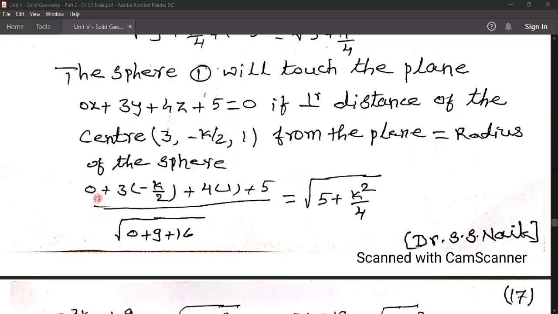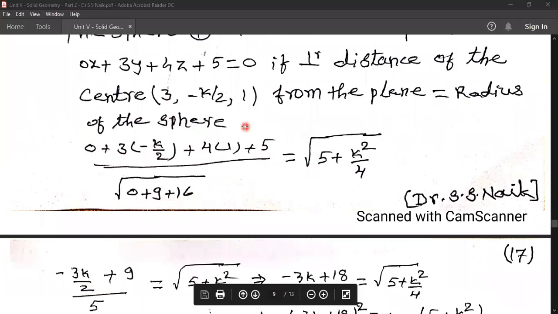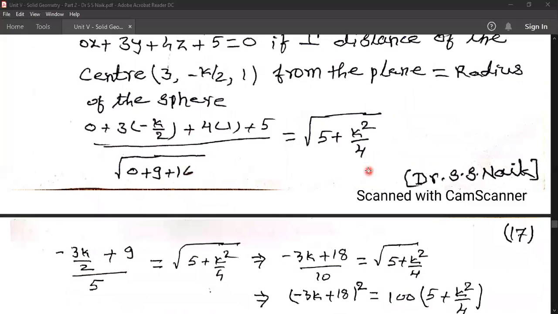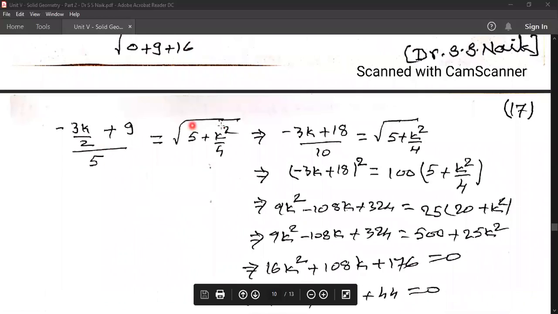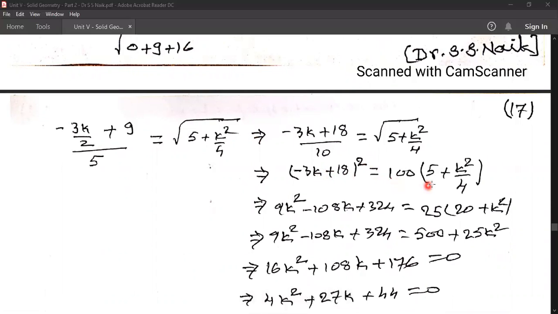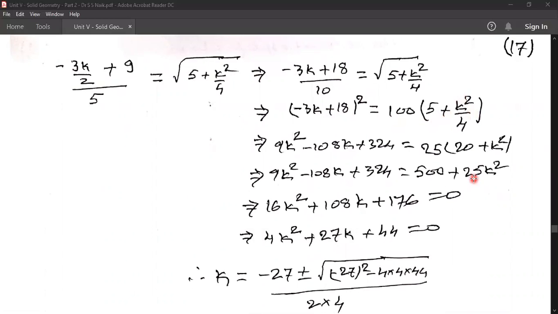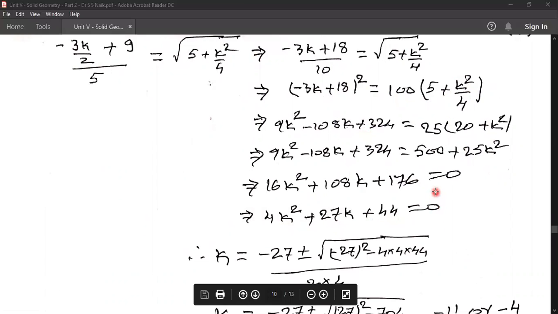That is, 0 plus 3 into minus k by 2 plus 4 into 1 plus 5, divided by the square root of 9 plus 16, must be equal to the radius, that is, the square root of 5 plus k square upon 4. Go on simplifying. After simplification, you get minus 3k plus 18 whole square equal to 100 into 5 plus k square upon 4. When you go on simplifying again, you get 4k square plus 27k plus 44 equal to 0.